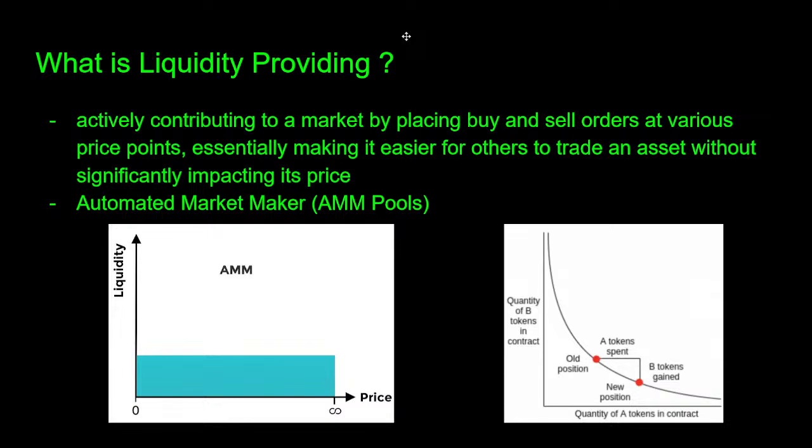Another thing that we need to understand about AMM pools is how the price actually works. When people are trading through that liquidity pool, when people make a swap, how does that swap work? So as you can see here, I've taken this graph.